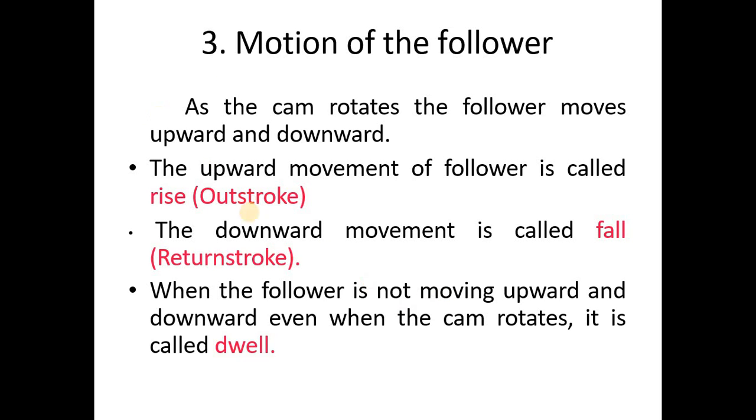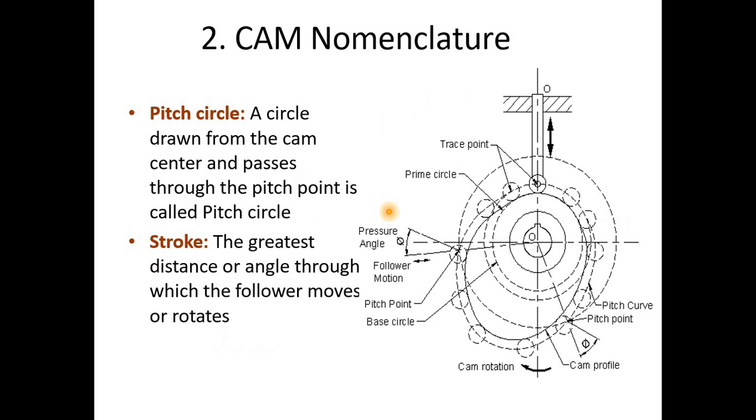The upward movement of the follower is called a rise, or an outstroke. Remember, in the motion of the follower, any upward movement is called a rise, because here the follower rises from zero to another level, the maximum stroke length.